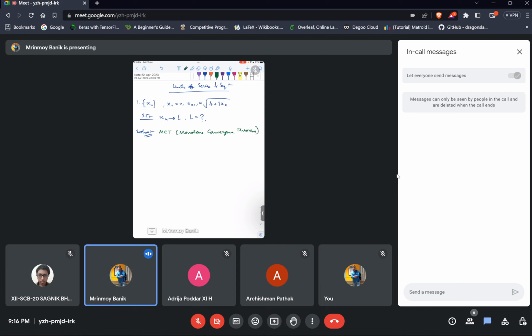This was, I guess, the first theorem that I mentioned last class: you first show a sequence is monotonically increasing or decreasing, and if it's increasing, you have to show it admits an upper bound, and if it's decreasing, then it admits a lower bound. If you're able to show that, then the sequence is convergent using this theorem, and the limits are the supremum and infimum respectively.